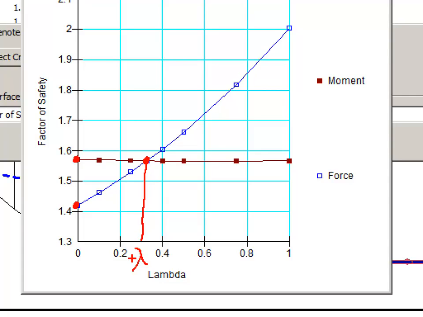And recall that lambda was approximately 0.32, meaning that is the location where the two factors of safety curves cross each other, and that is the Spencer factor of safety, because we said that we were going to use a constant interslice force function.